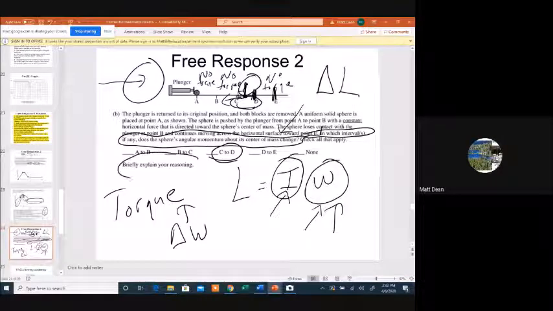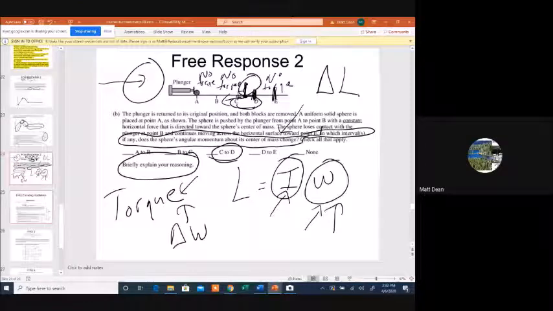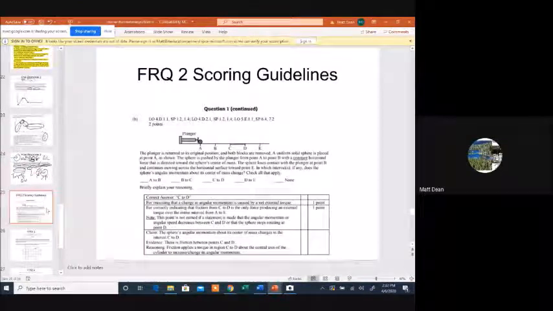And you're going to say that that's the only interval where there's an outside net force, which causes an external net torque. If we look at the grading rubric on that one, here's what we're looking at on part D. So 1 point for essentially saying that changes in angular momentum are caused by net external torques.